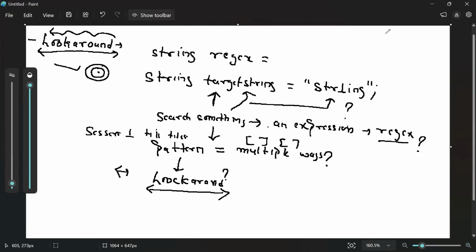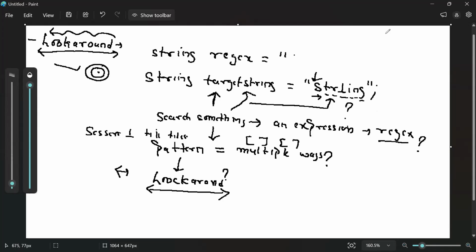So in this look around, let's say this is a target string. How does the traversing happen here? If I have any regular expression defined, that pattern will be searched right from the beginning of the target string: character 1, character 2, character 3, character 4, 5, 6, 7, likewise.